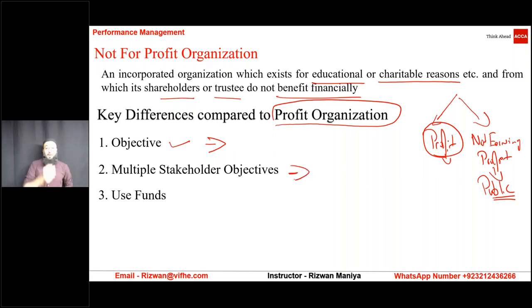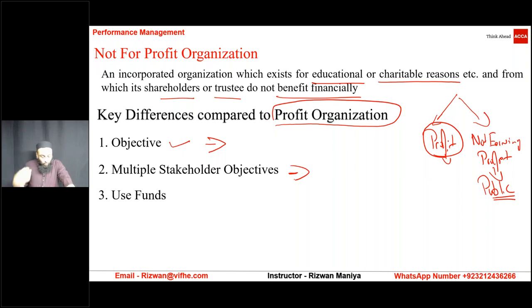If you talk about a proper profit organization, it is based on shareholders, and shareholders are their ultimate priority and most important stakeholder. Whatever work they do is for the sake of their shareholders, and whatever decision they take is to improve the wealth of the shareholder.